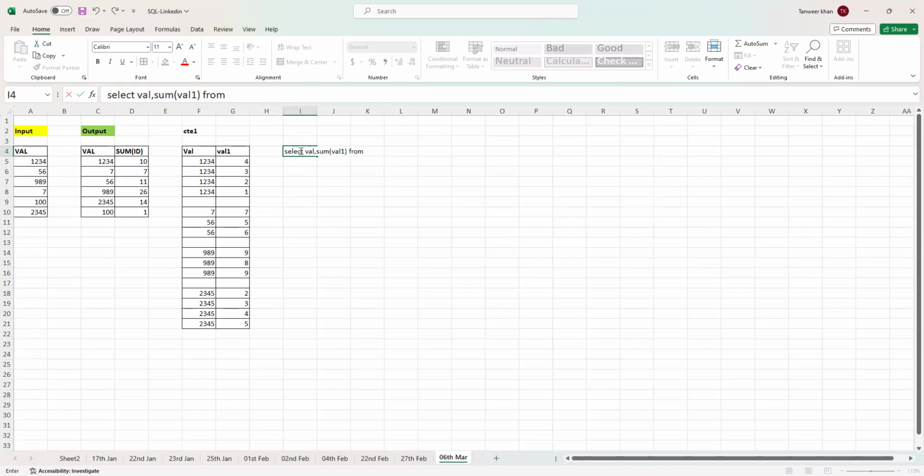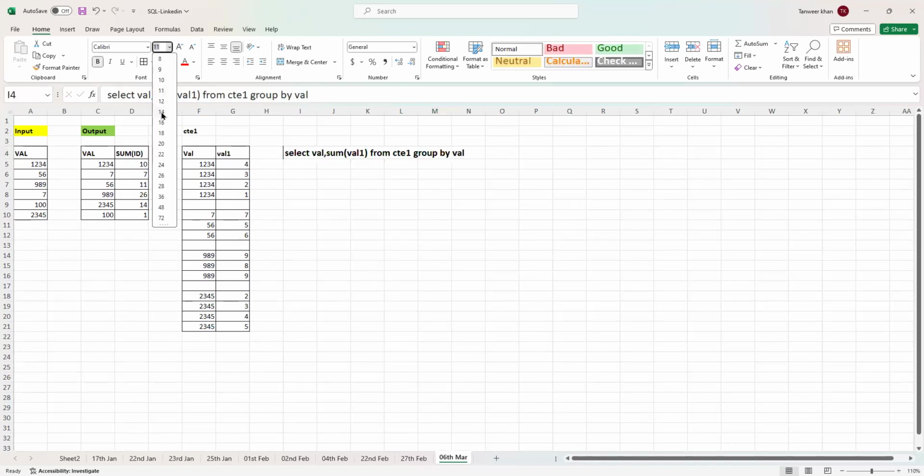I'm explaining this with the assumption that you all know the aggregate function, how sum works, how group by works, what is a CTE, because I'm not going to explain those basic terms here. If you have any question, any doubt, you can ask. From CTE1 group by val. So then I will write this query. And do you think it will give me the expected output?